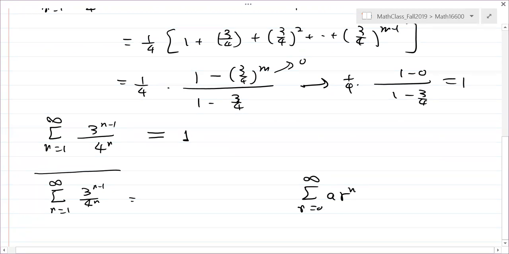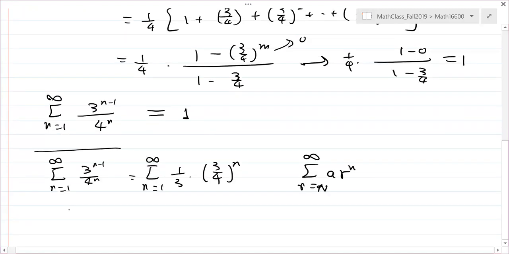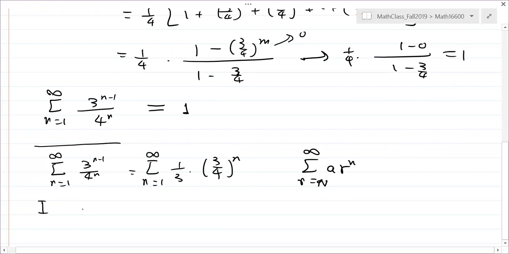You can also start from any number n, from capital N. If you write it in this form, it's like 1/3 times 3/4 to the power n. So it's a geometric series.